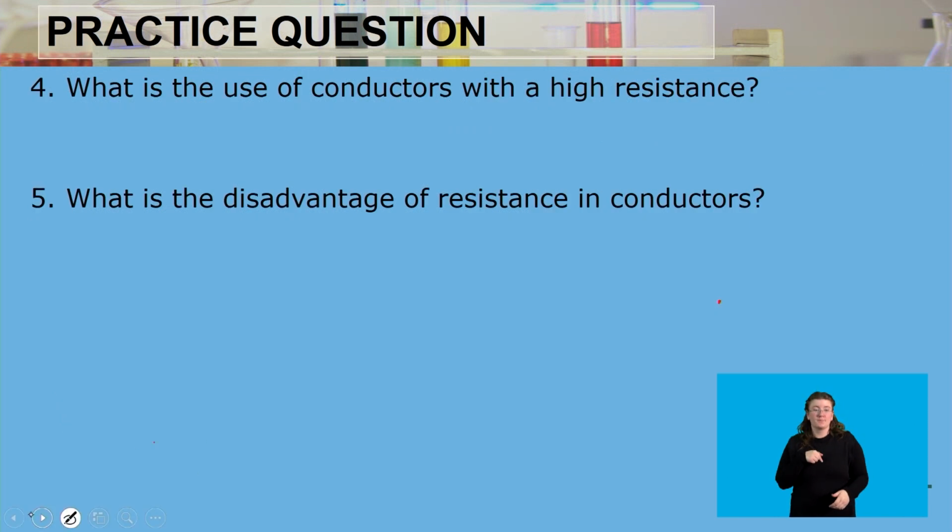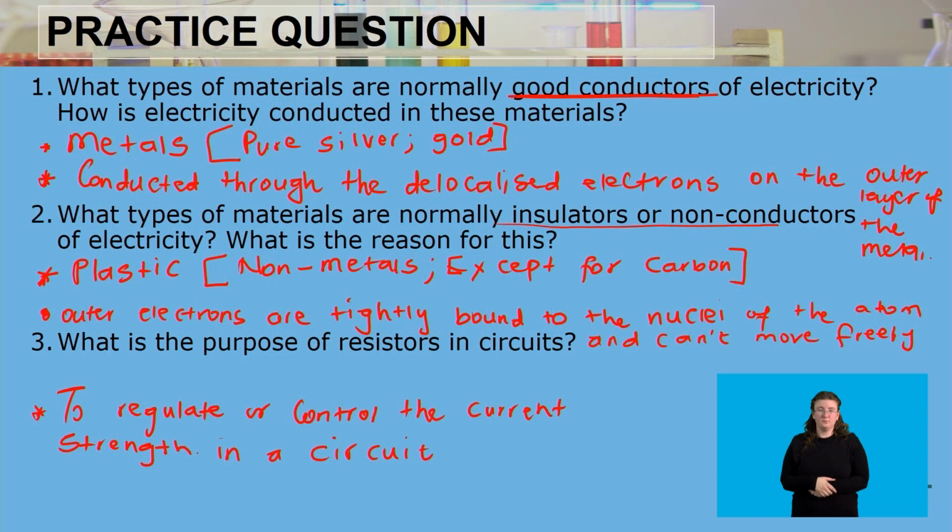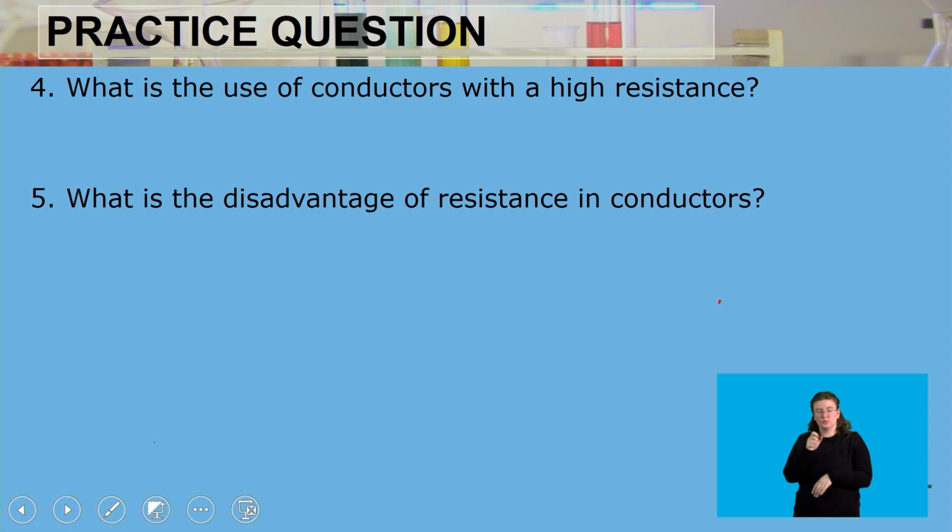So we are using resistors in a circuit to control or regulate the current strength in a circuit. There we go.